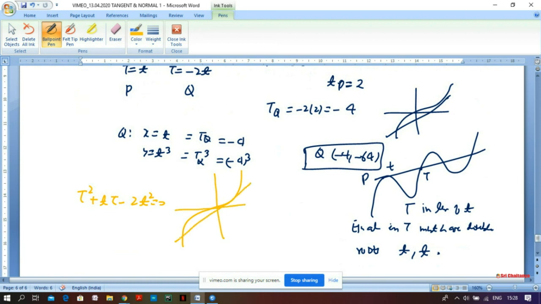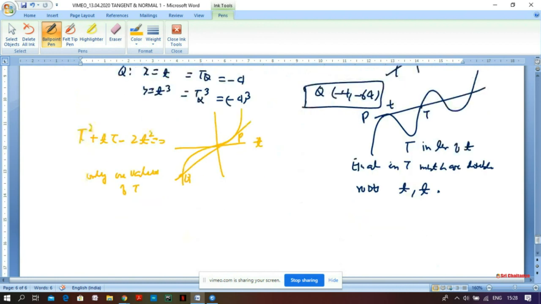This P corresponds to a small t, and we expect values of T, but then this is Q, and you expect only one value of T that would correspond to point Q. So we already know t is there. This quadratic has a root t, because already one t was used. And mind you, here it is not tt, because this degree is just 2 now. Degree is 2, so it means only one t must come.